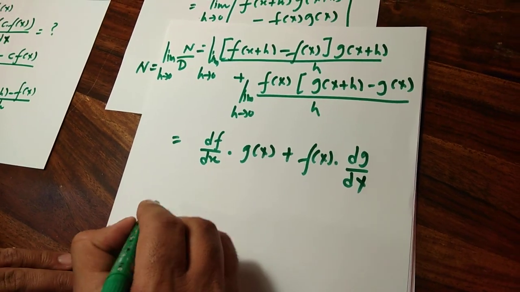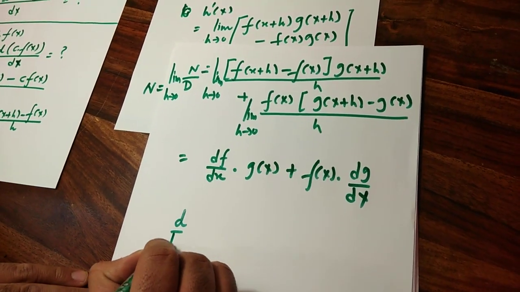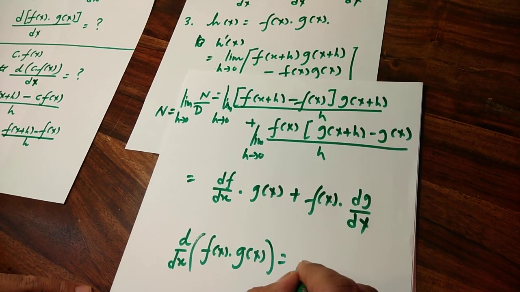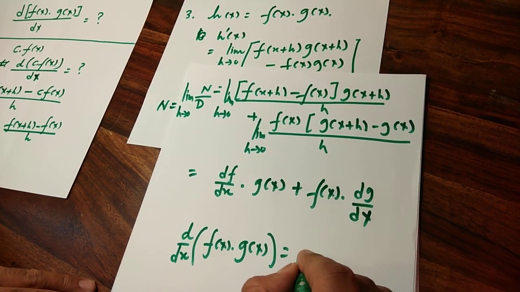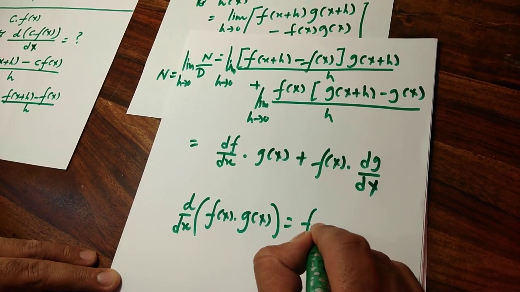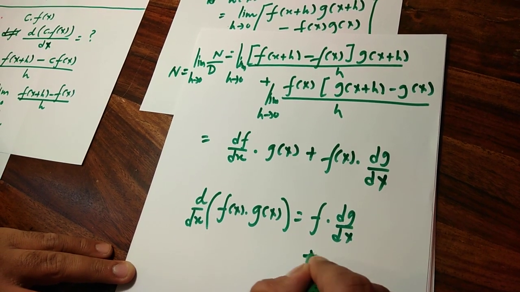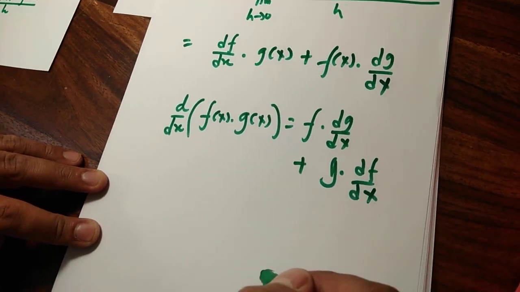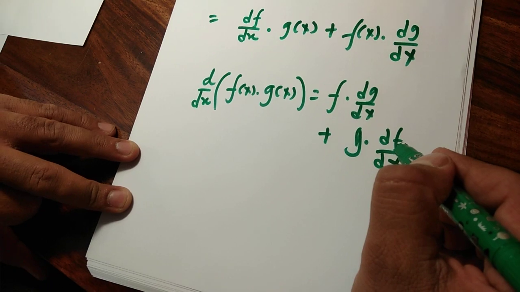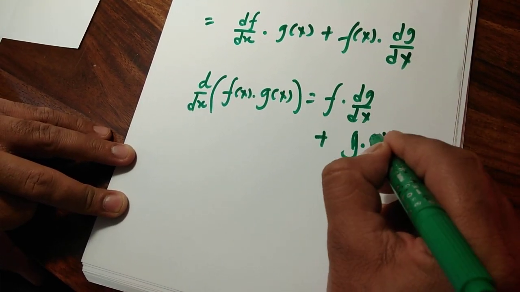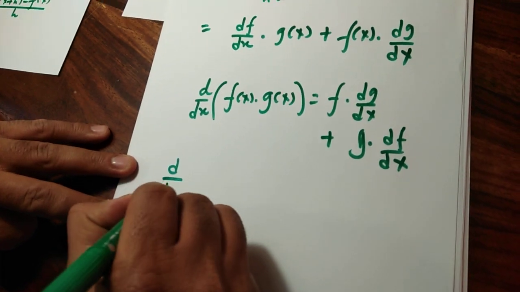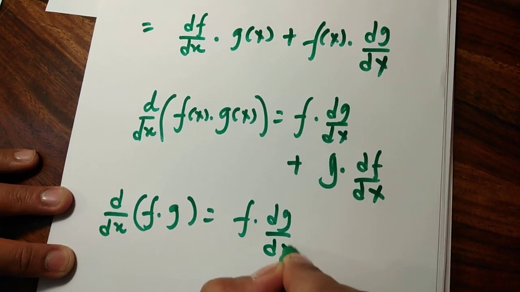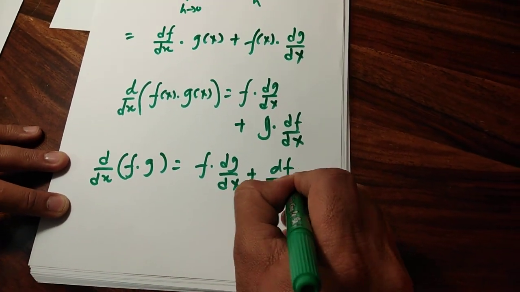So I have derived the following: d over dx of f(x) times g(x) is f times dg over dx plus g times df over dx. Or, another way, whichever way you like, f dg over dx plus df over dx times g.